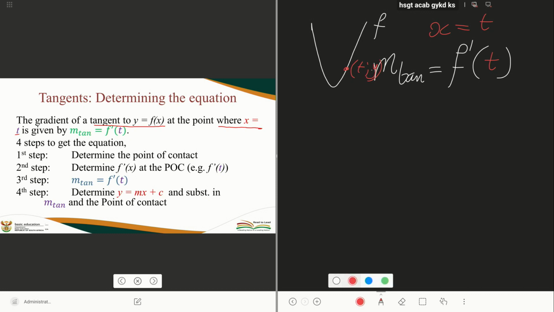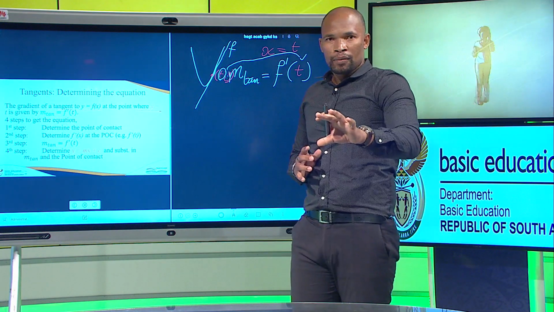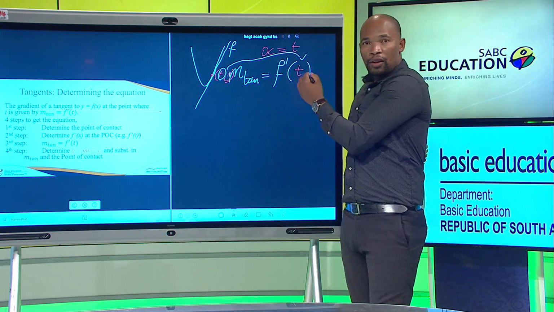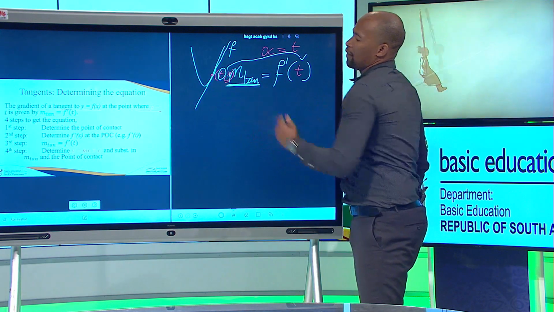We are using that x value to calculate the gradient of a tangent at that particular point. Don't forget, learners, when you're looking for a gradient, take the first derivative equated to the value of x that is given, and what you get there is the gradient of a tangent.